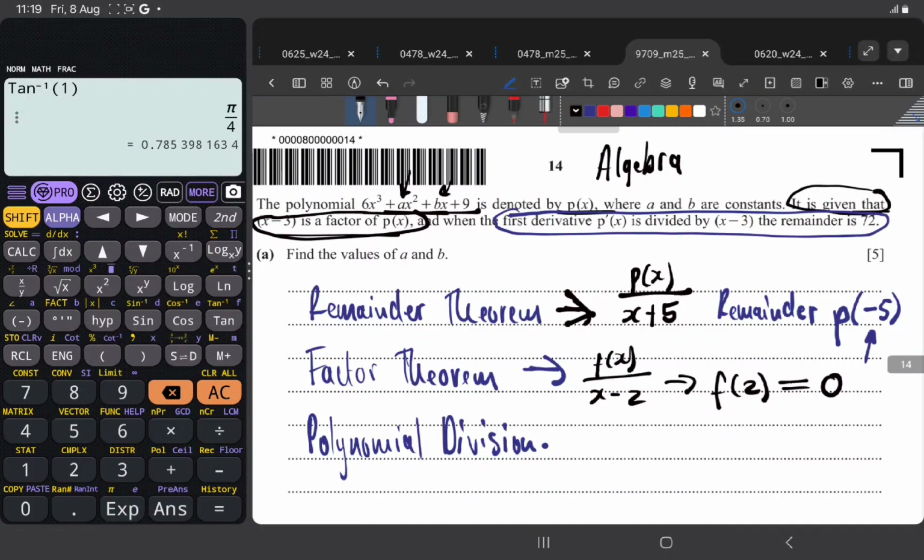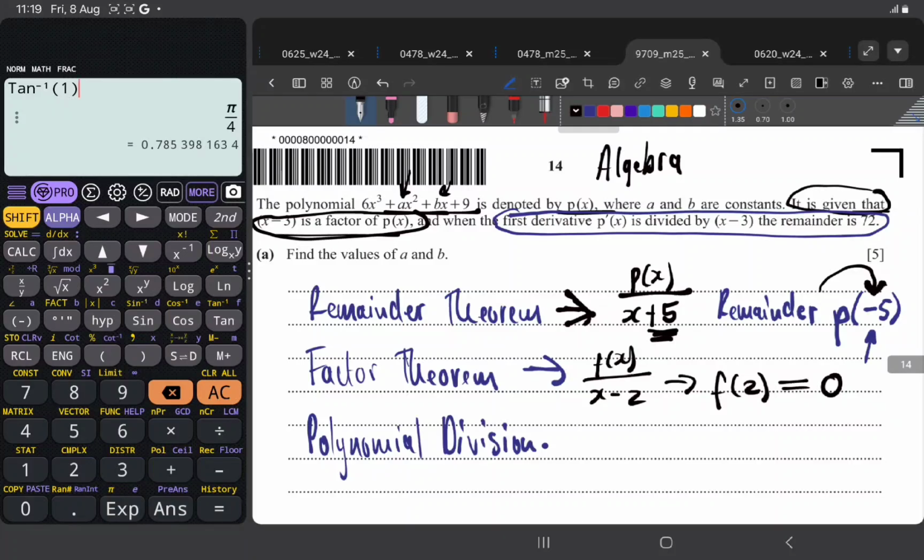Because to get the remainder, remember, you change the sign and you feed that value into the function. Then you are going to be given an answer. That answer will be your remainder. Now, let's say you feed a value and it gives you an answer of 0. It means the remainder is 0. So that thing must be a factor.